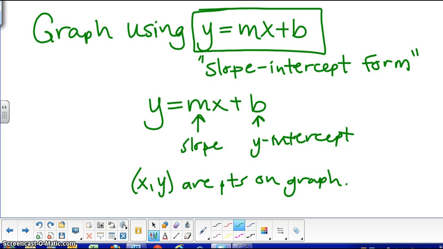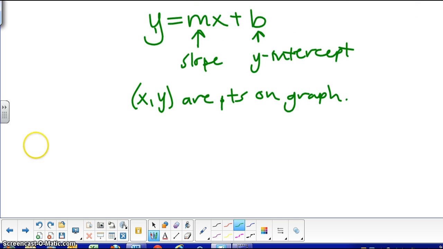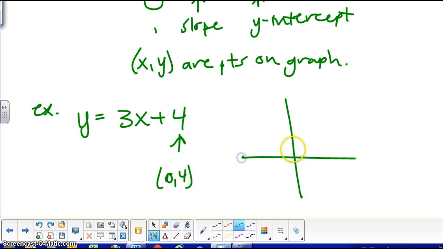Okay, so let's go ahead and practice one of these problems. y equals 3x plus 4. So if you know the y-intercept, that is going to be a point at 0, 4: 1, 2, 3, 4. And then the number before the x is going to be the slope.